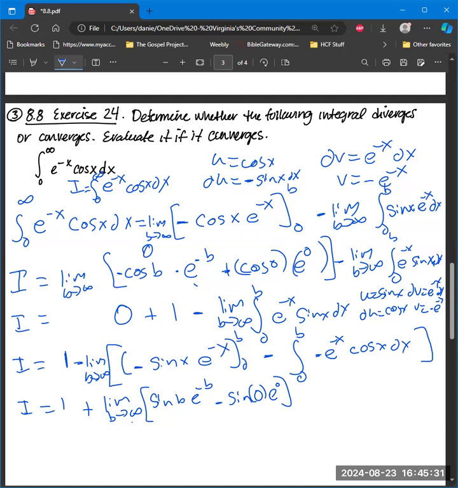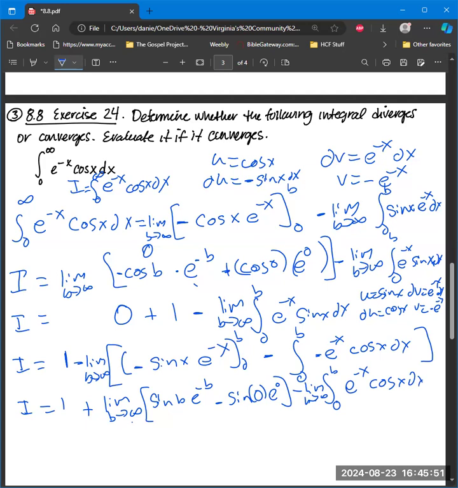And then you have minus a negative negative, that's still minus, the integral 0 to b of e to the negative x cosine of x dx.